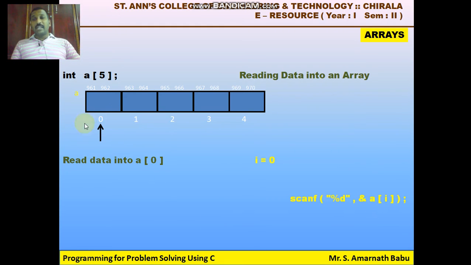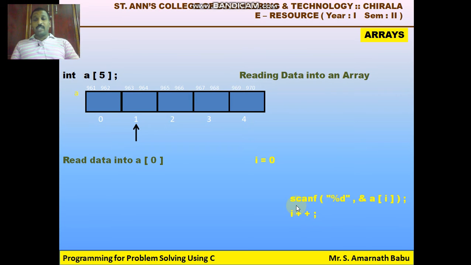And after reading data into a of I, we need to move this iterator to the next location, because now we'll be reading data into a of 1. So we need to increment the iterator I to the next value, so I am writing it as I plus plus.